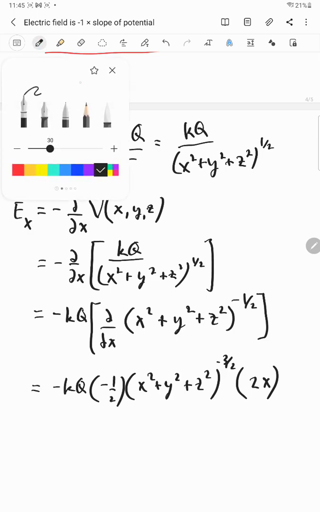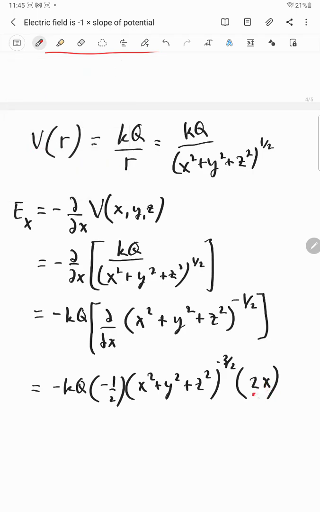What you can see happening is this 2 and this 1/2 are going to cancel each other, or you can put them together to make a factor of 1. This minus sign and that minus sign hit each other and make another factor of 1.